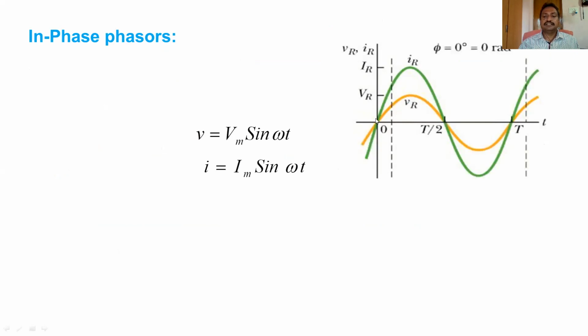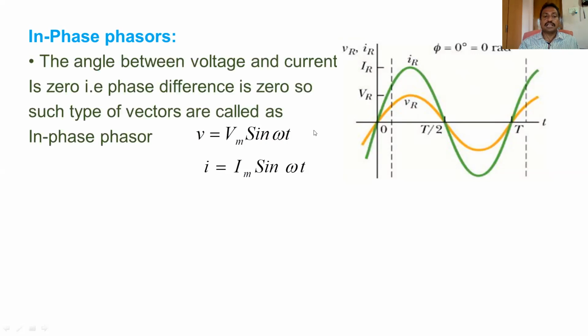Both phasors start at 0, both reach the maximum at 90 degrees, both reach 0 at 180 degrees, and both reach the reverse maximum at 270 degrees, then 0 again. Such a representation is called in-phase phasors. The angle between voltage and current is 0, that is, the phase difference is 0.